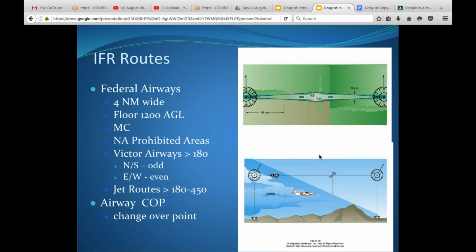That's what jump-started it all, because aircraft needed some way to navigate transcontinental, trans-Pacific, transatlantic. So that's when it all started, but it started with some really basic navigational aids.